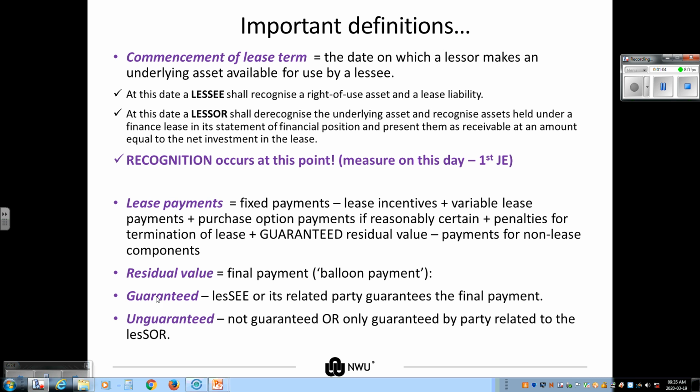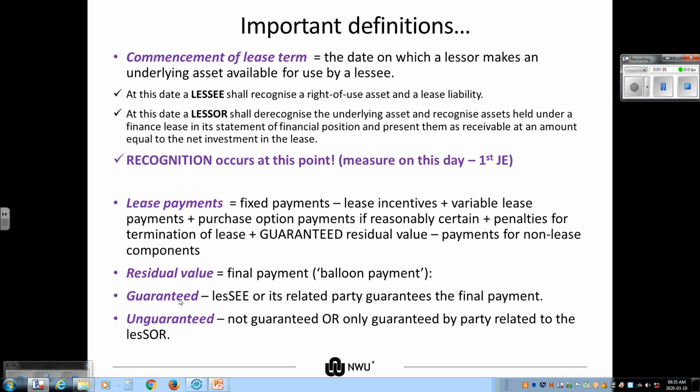The guaranteed residual is where the lessee or its related party guarantees the final payment. So if the lessee guarantees to the lessor that the underlying asset will have a certain minimum value at the end of the lease, then any amount that is expected to be payable as a result of this residual value guarantee would be included as a lease payment.